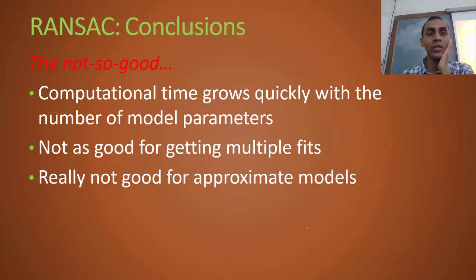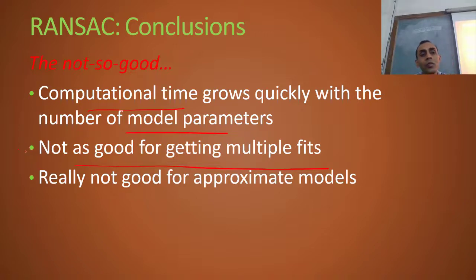What are the disadvantages of RANSAC? The time may grow with the number of model parameters, so you may have to do a lot of trials if the parameters are large. It is not as good for getting multiple fits. There may be some more intelligent way to do multiple fitting, but it is not as good, whereas the Hough transform had an advantage there: you could fit multiple models in a single pass.